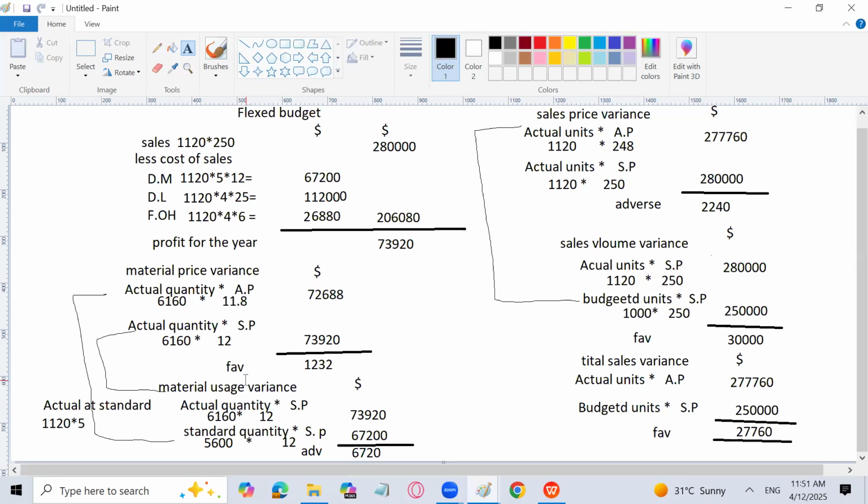And because we have purchased low quality material, there is more wastage of that material. Although 5,600 kgs should be used, we are using 6,160 kgs because the labor quality is not that high. So that is why it results in more wastage. That is why your material usage variance is adverse.